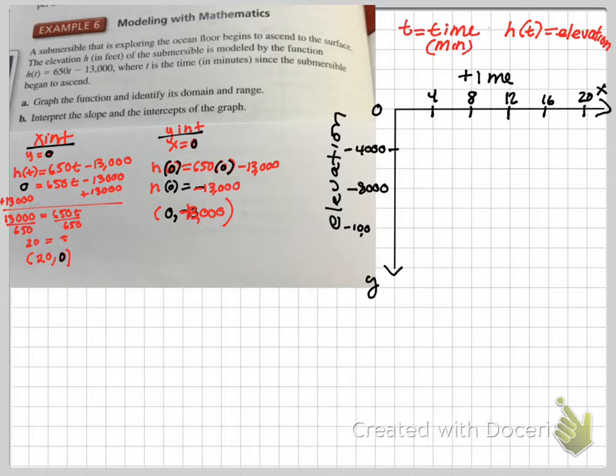No, negative 12,000. Oops, I'm increasing by 4. Negative 12,000, that should be perfect. So now I plot my points. The x-intercept is 20 across and 0, and the y-intercept is 0, negative 13,000.